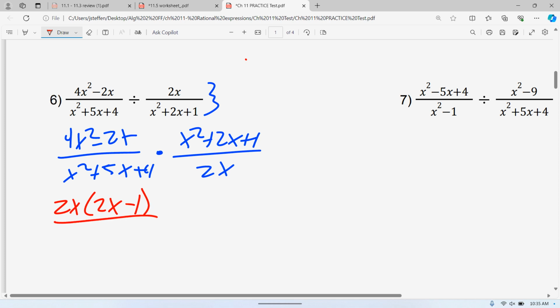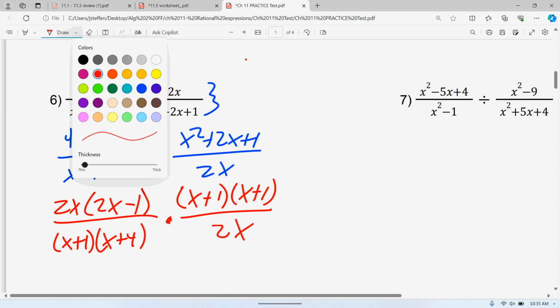The factors of 4 that add up to be 5 are x plus 1 and x plus 4. Multiplied by factors of 1 that add up to be 2. Some people don't know this one, but it's x plus 1 and x plus 1. Times 1 is 1, and 1 plus 1 is 2. Go through that little piece.